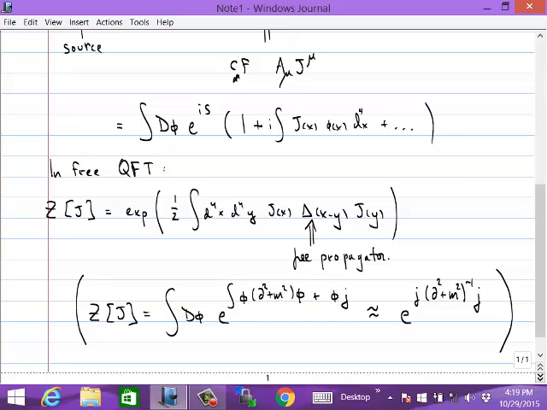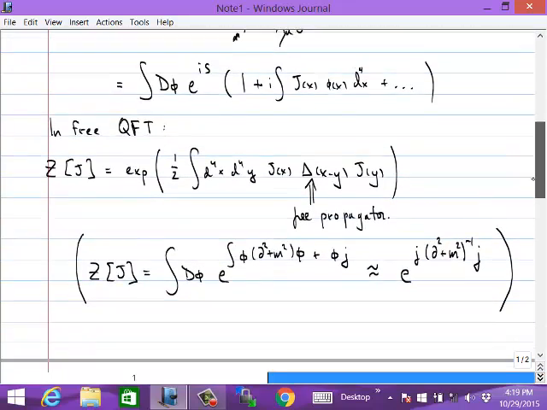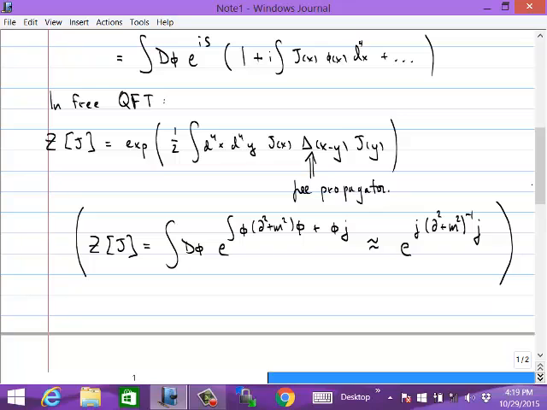So this answer that we wrote down for the free field partition function can actually be expressed very compactly if we use a diagrammatic notation. In particular, the notation that we introduced last time had a black dot for every term that was an integral d4x j of x.